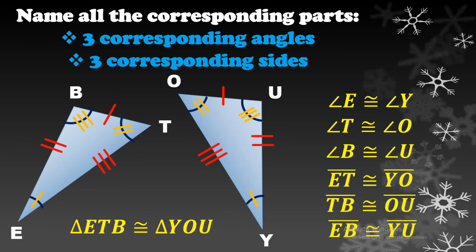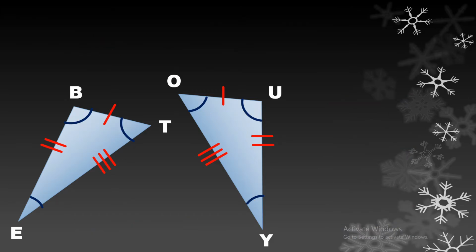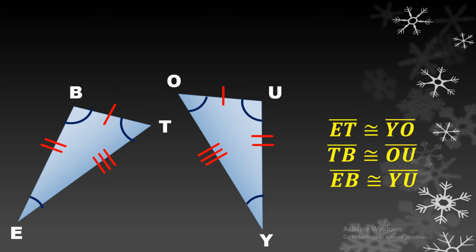Now what if there are only 3 given corresponding parts like this? So given here are only the 3 corresponding sides. Can we still prove the triangle ETB is congruent to triangle YOU given only the 3 corresponding parts?